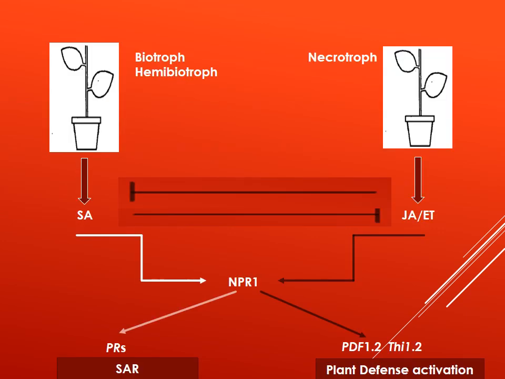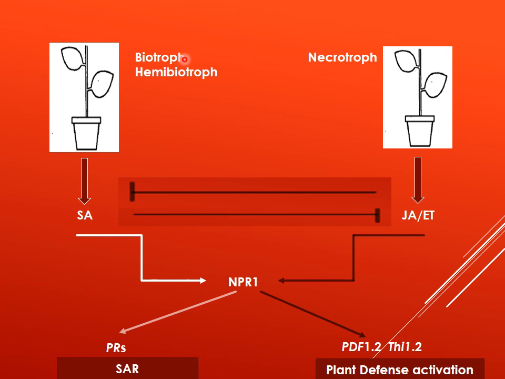In their life, the plants are attacked by a variety of pathogens, and these pathogens vary when it comes to the mode of nutrition. Some pathogens are known as biotrophs. Biotrophs live in the living tissue. For example, all plant viruses are biotrophs.